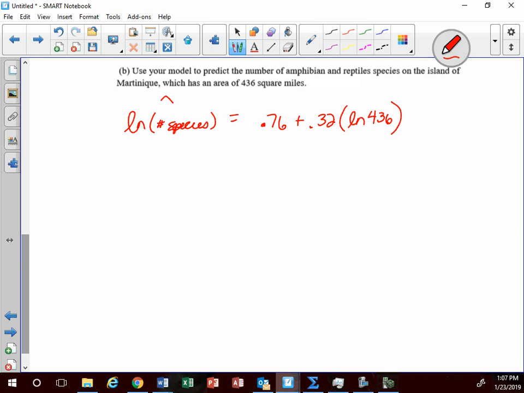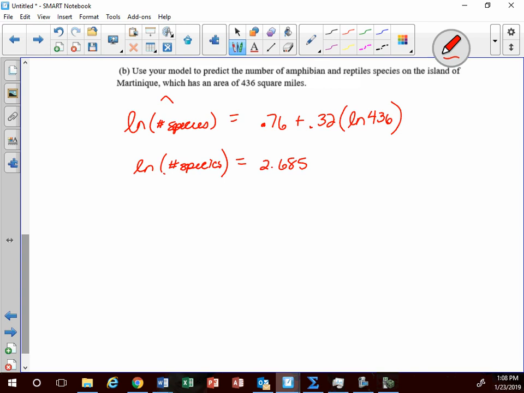We have to revisit some of your prior math knowledge here. If you use your calculator, you get something like 2.685 on the right side. I had a lot of you in pre-calc, so you should know how to solve that. So that's the natural log of the number of species equals 2.685. I want to know how many species there actually are.